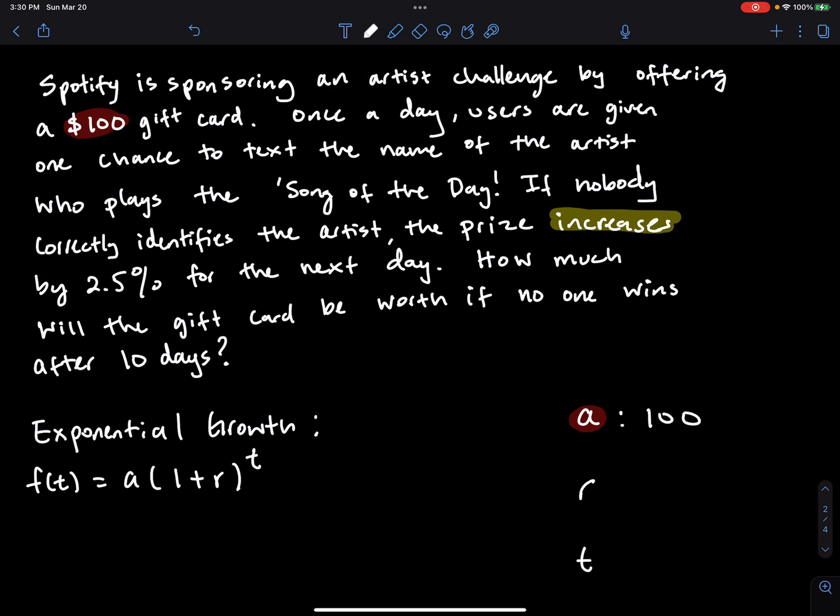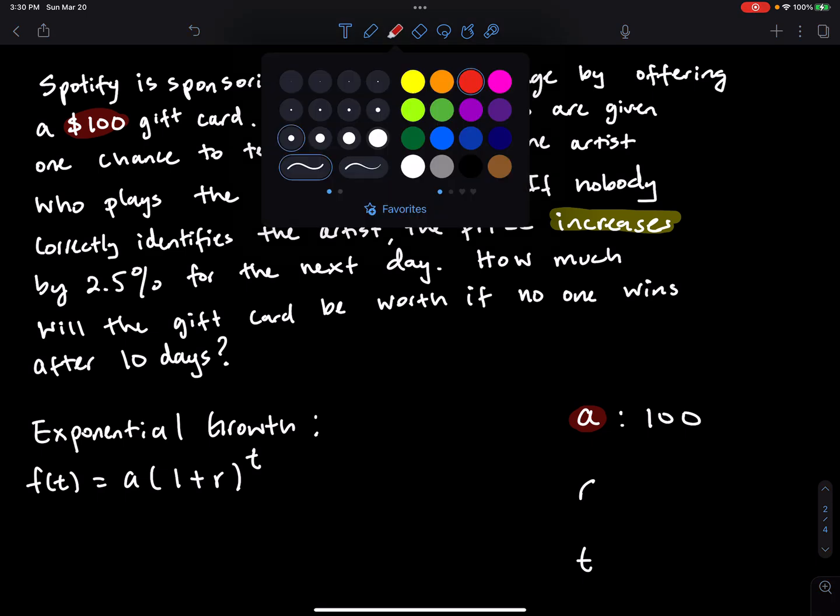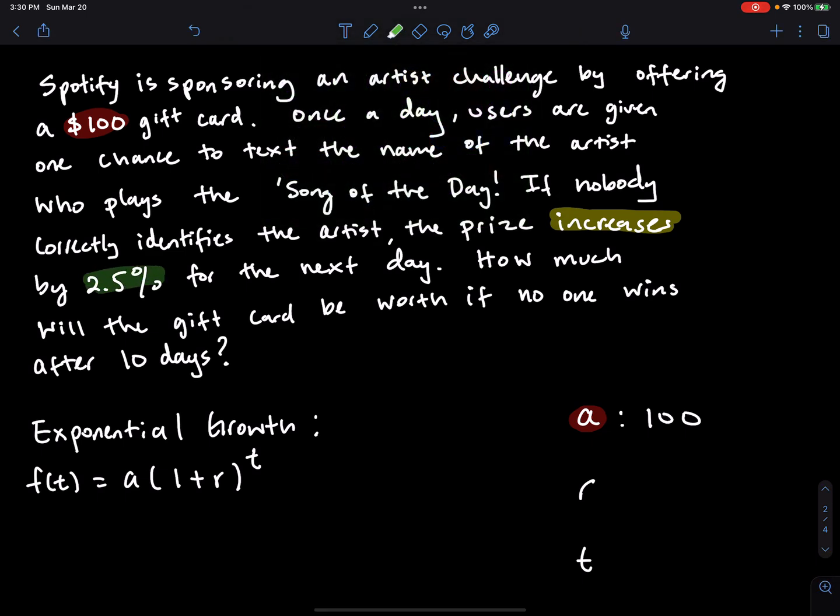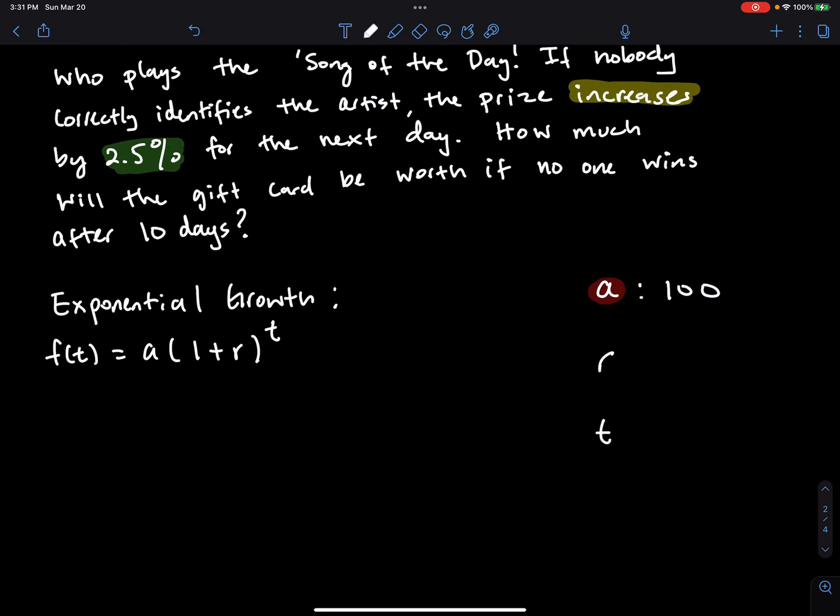And then the rate, usually the word problem gives you a percent. So I'm going to look for the percent and then convert that into a decimal. I see 2.5% over here. What I have to do is take this percent, 2.5, and divide that by 100. That should give me 0.025.